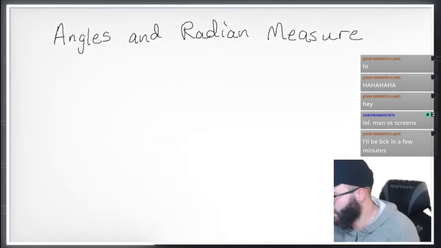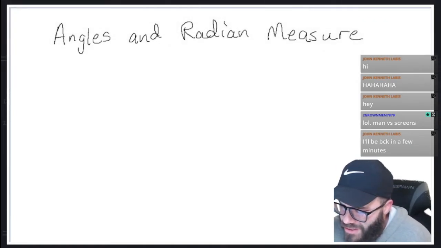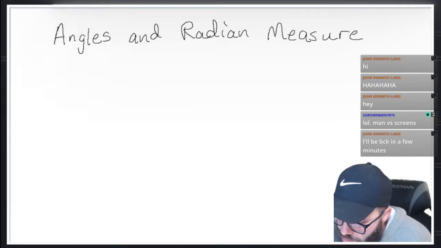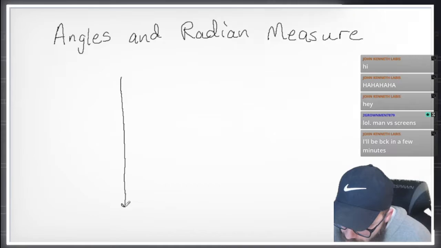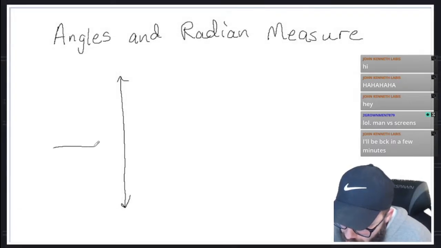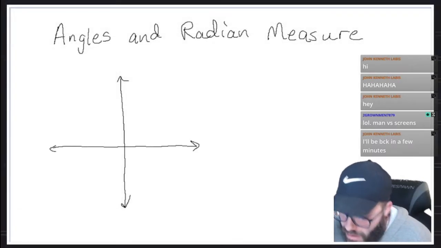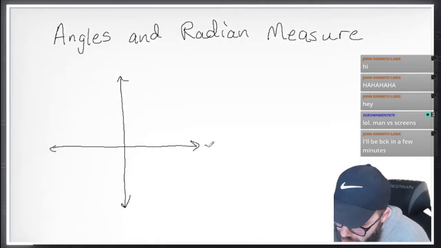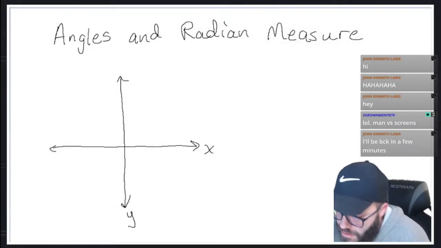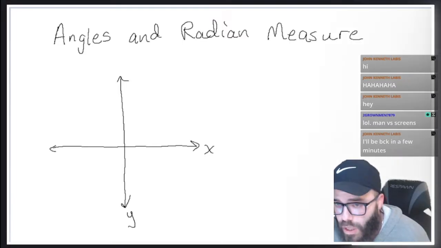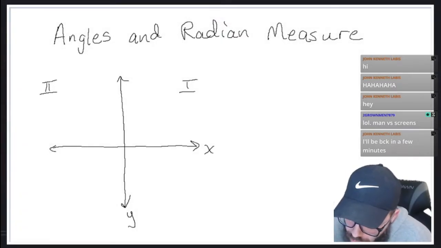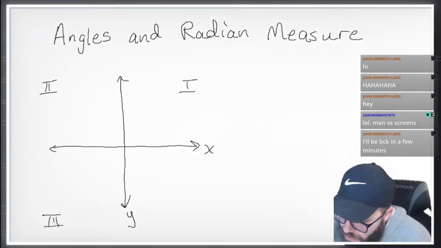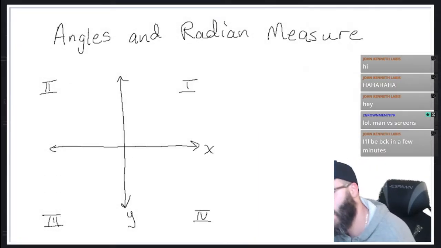All right, so first thing I want to do is talk about angles in general, the standard position of an angle. So let's first sketch a coordinate plane. Here's your coordinate plane. You've got your x-axis, y-axis. In terms of quadrants, quadrant 1, quadrant 2, quadrant 3, quadrant 4.